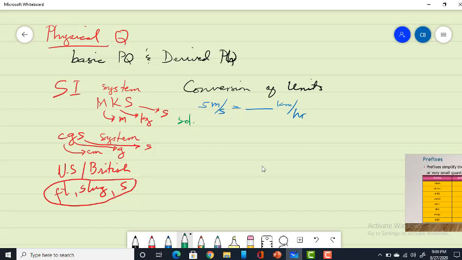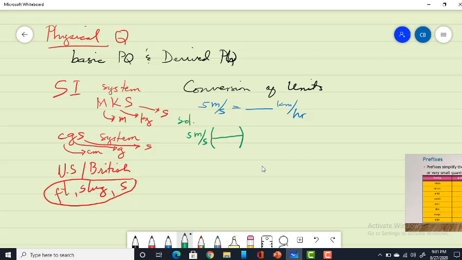You copy first the given, 5 meter per second, and then you multiply this magnitude by a quantity equal to 1, because any magnitude multiplied by 1 gives the same magnitude, unaffected.